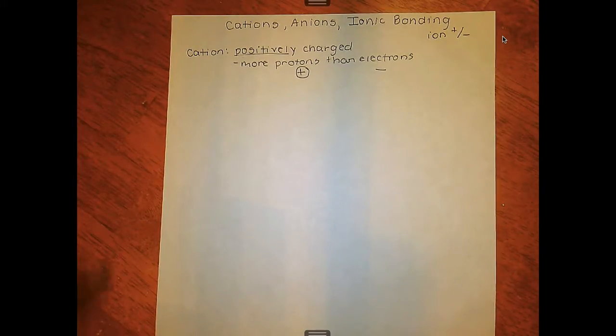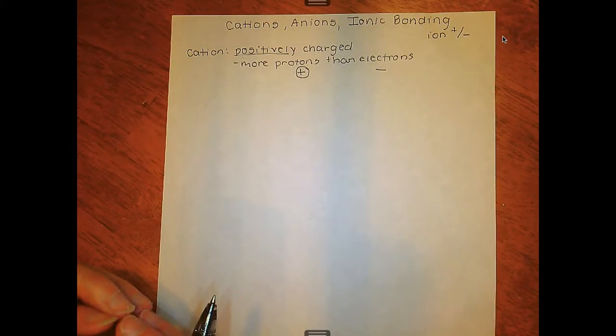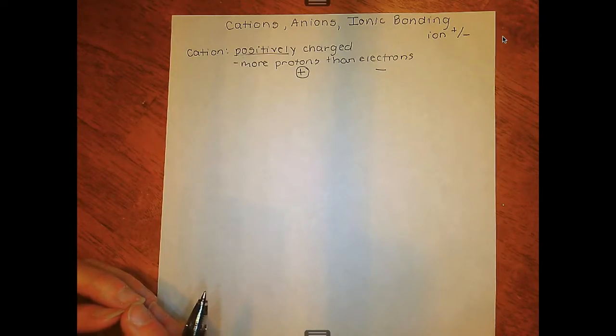Let's take a look at some examples of what would be considered a cation. We talked in the last unit about how all atoms want 8 electrons in that outer shell. It's called the octet rule.